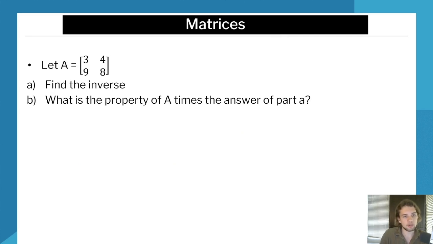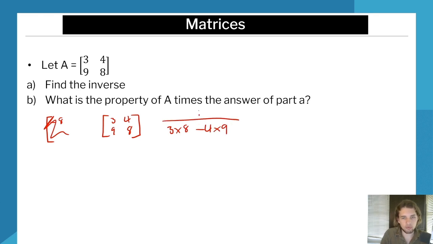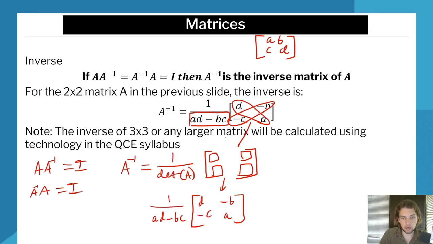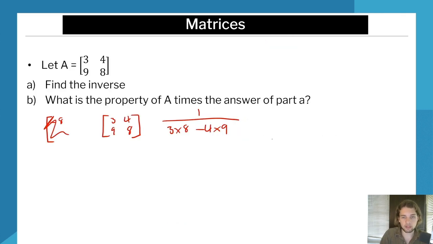Find the inverse. So first I'm going to do the determinant. We have 3, 4, 9, 8. The determinant will be 3 times 8 minus 4 times 9. And for this formula here, we have to put 1 over that determinant.